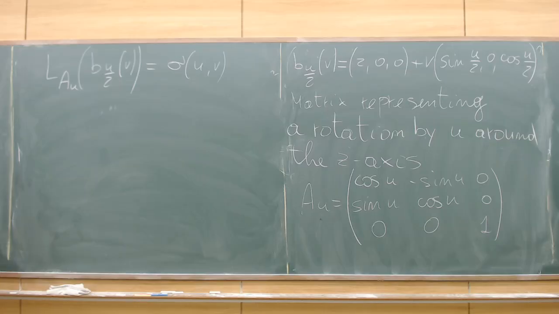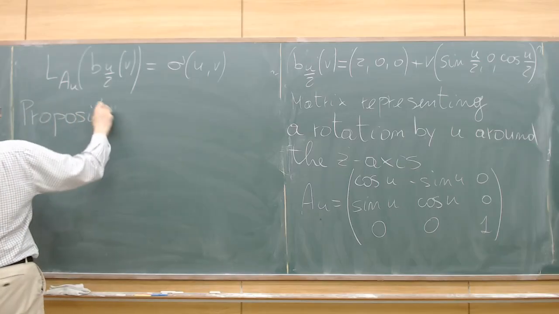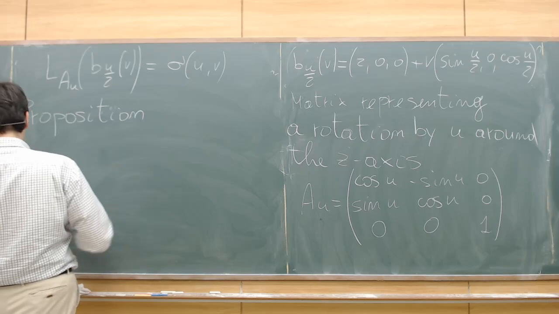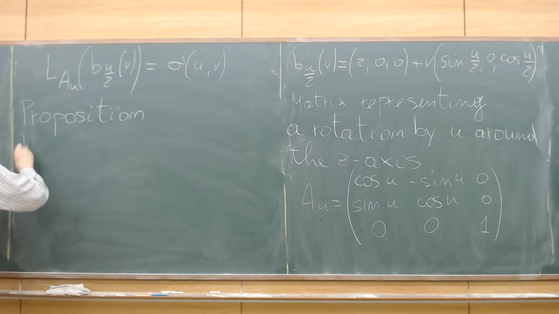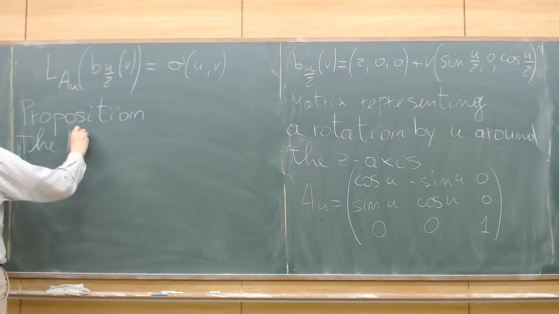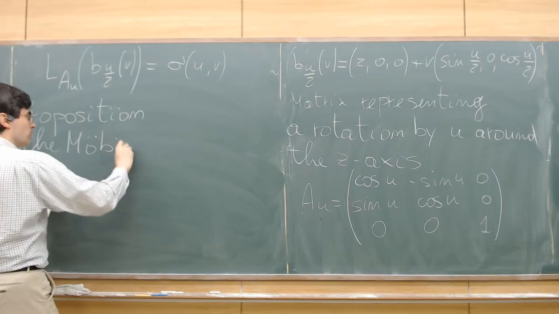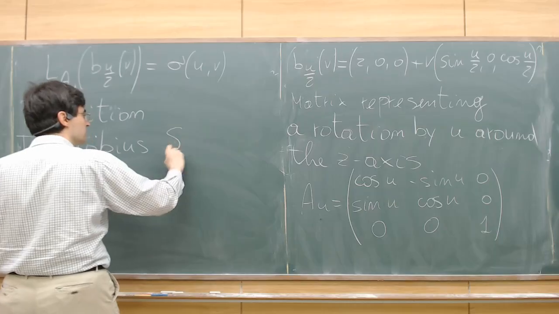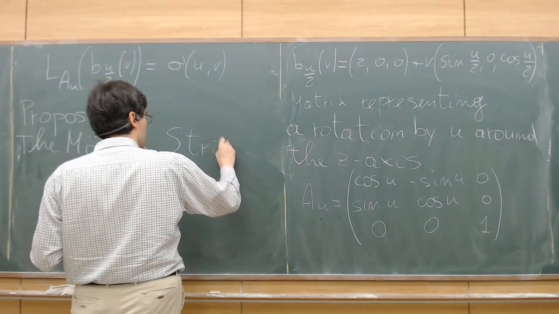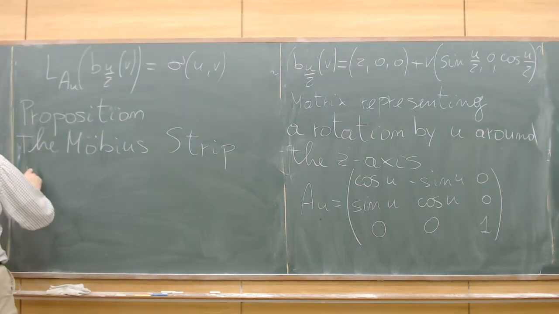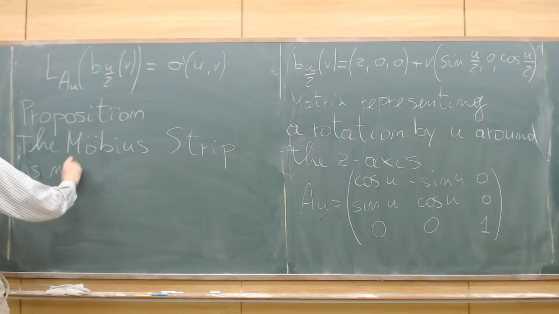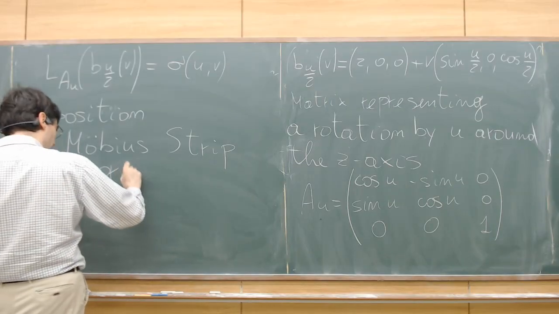Okay, now let's prove the following fact. The Mobius strip is not orientable.